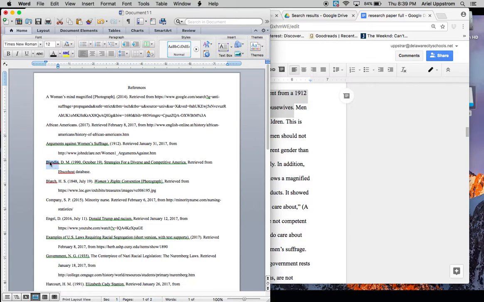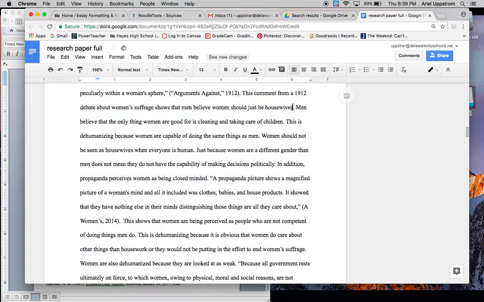So this fourth resource is by DM Blandon. There is a date, but there is not a page number reference to the resource. So I'm simply going to put Blandon after the information that I got from the resource.